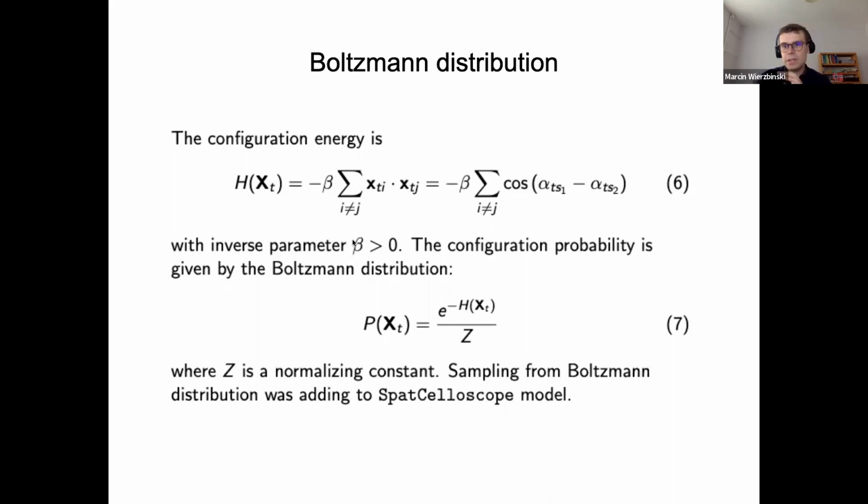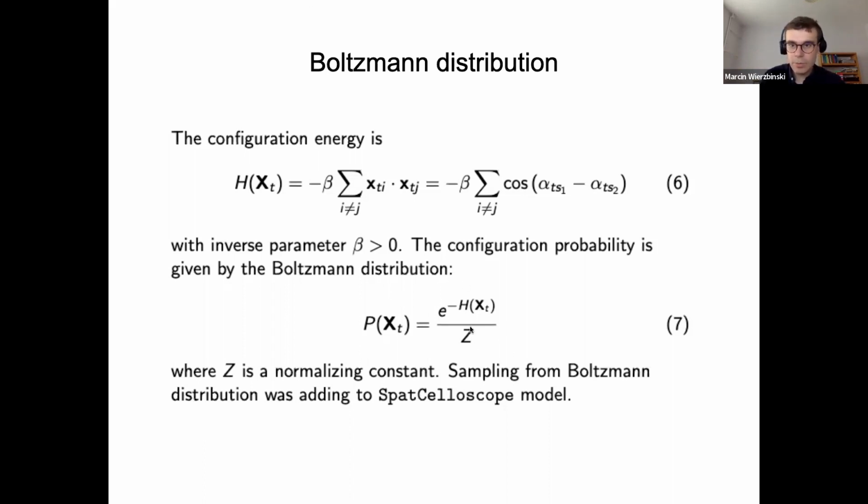If beta is equal to 0, our system is totally random, so our spins are independent. When beta is larger than 0, our system has a stronger dependency between spots. And the distribution is expressed as here.